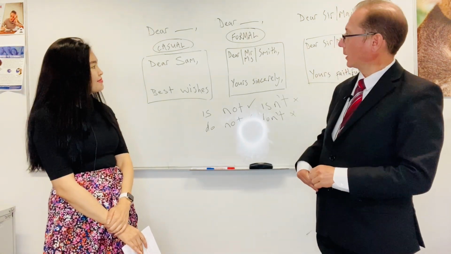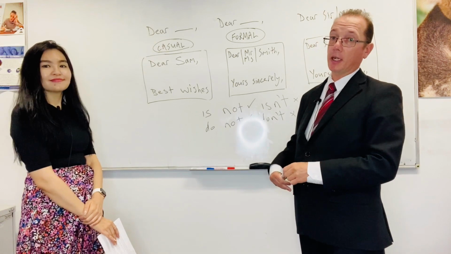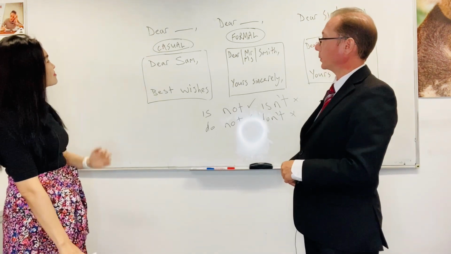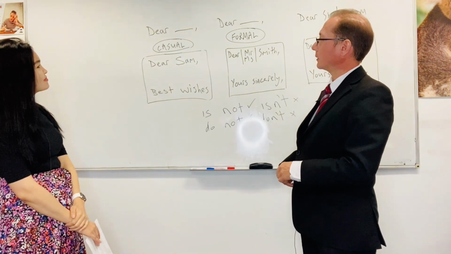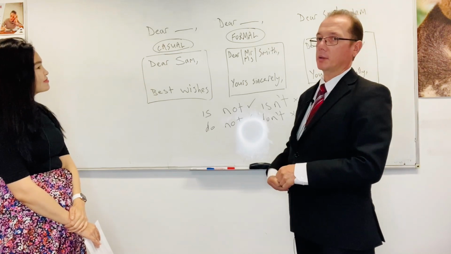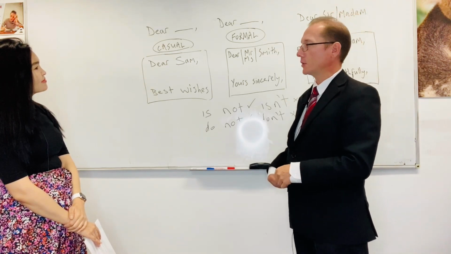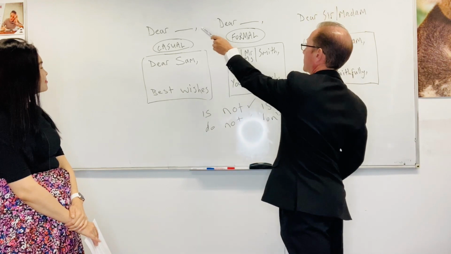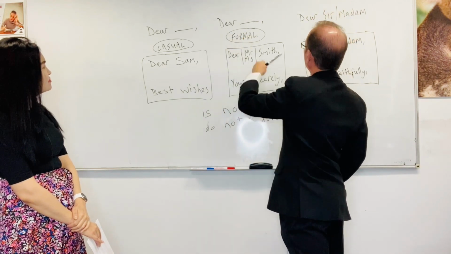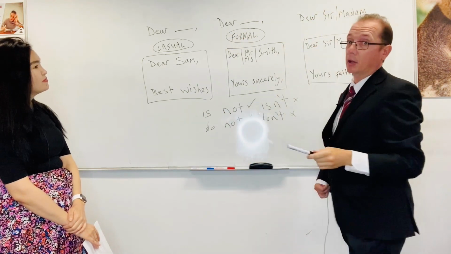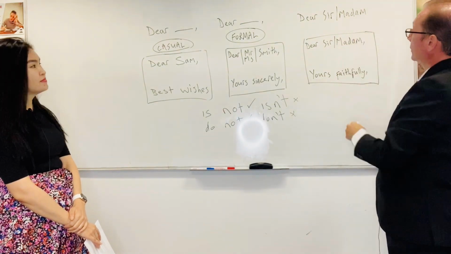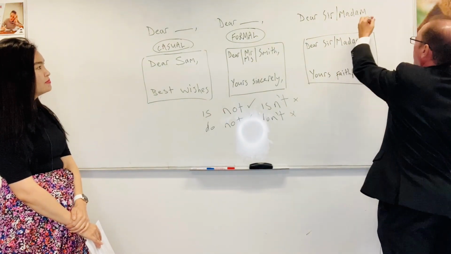What else can we say? Well, the start of the letter and the end of the letter are very important, and basically the question will say how to start. Sometimes the question says start your letter "Dear blank," and sometimes it says start your letter "Dear Sir stroke Madam."